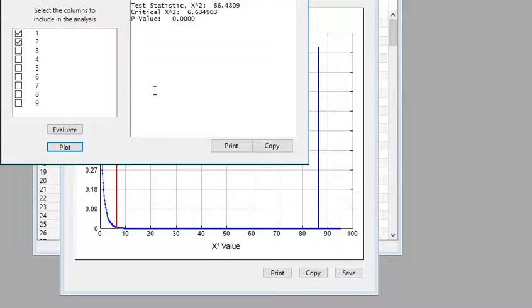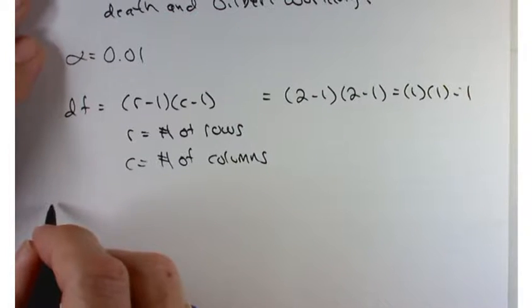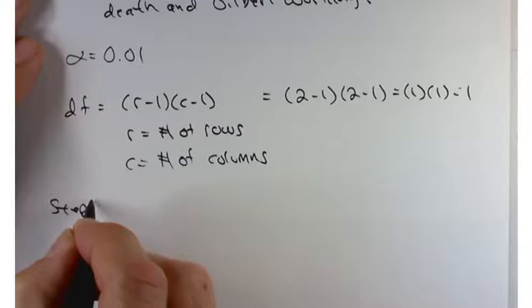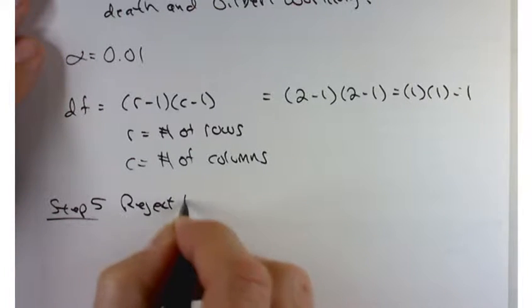Reject H naught or fail to reject H naught? Reject H naught. Yes, reject H naught. So our decision, step 5, is reject H naught.